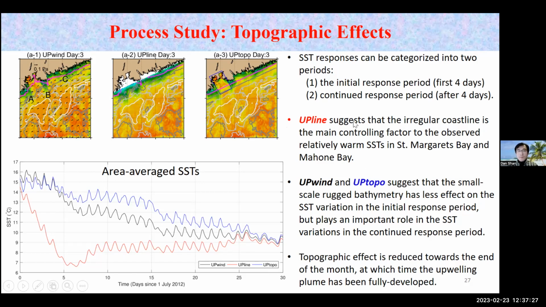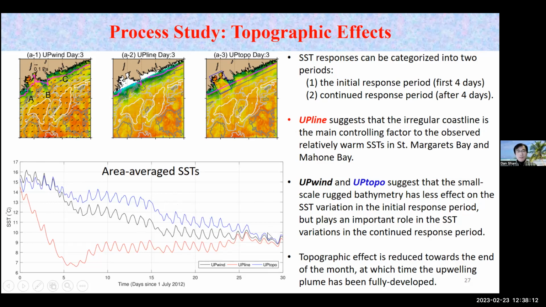The red line, which is the straight line case, suggests that the irregular coastline is the main controlling factor for the relatively warmer temperature in the two inlets. If you compare the black and the blue curves, one being the control run and the other with the shallow submarine banks smoothed, we saw that the small-scale shallow banks have less effect on the SST variation during the initial response period, but play an important role in the SST variation in the continued response period.